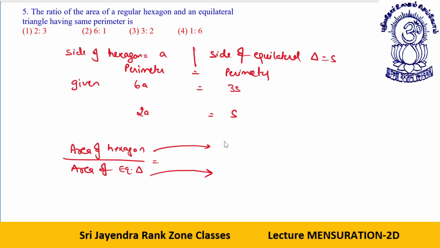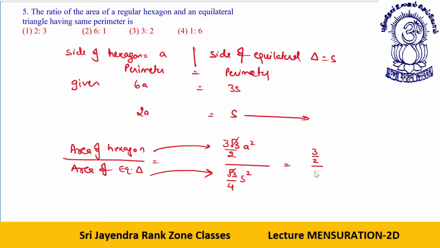Area of hexagon will be 3 root 3 by 2 a square, and area of equilateral triangle will be root 3 by 4 s square. This becomes 3, and root 3 and root 3 cancel. Okay, 3 by 2 only.